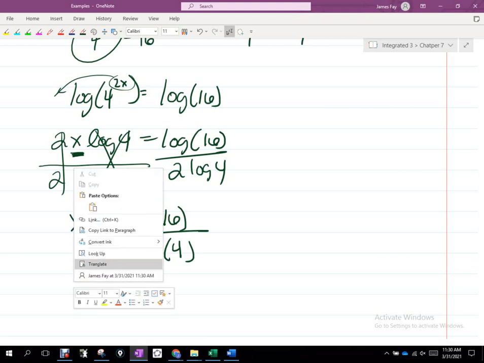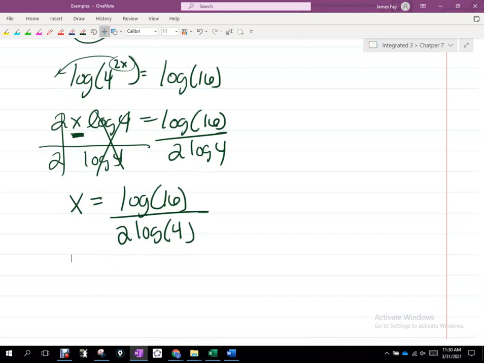What if I did something like this? One more example and we'll be done. What if I gave you 2 to the x plus 4 equals 13? How is this different than anything we've done so far?